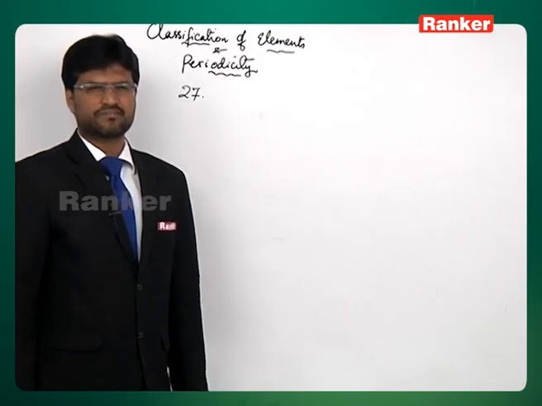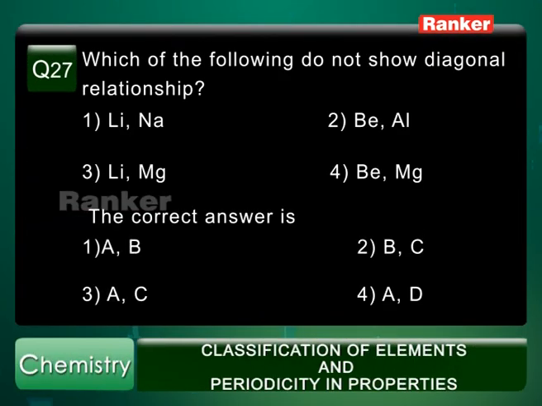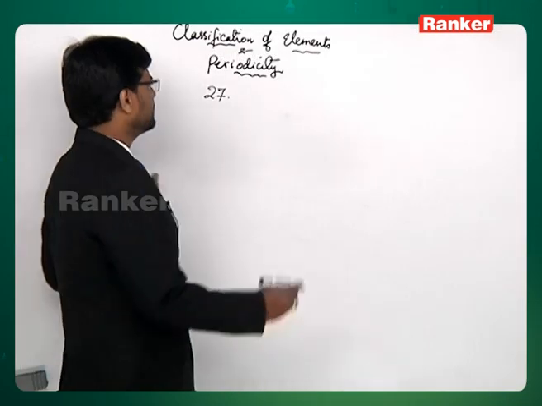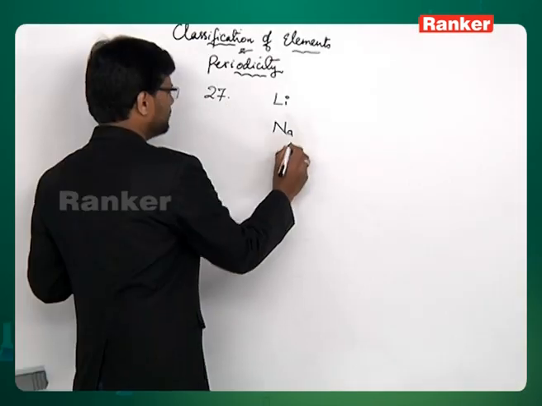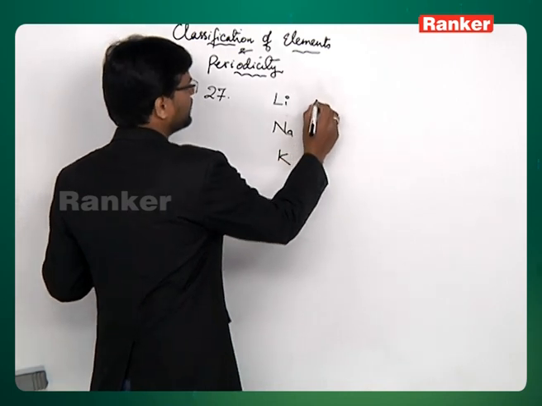Question number 27. Which of the following do not show diagonal relationship? A, lithium sodium, B, beryllium aluminum, C, lithium magnesium, and D, beryllium magnesium. Which of these pairs do not show diagonal relationship? Lithium, sodium, potassium, this is group 1A.